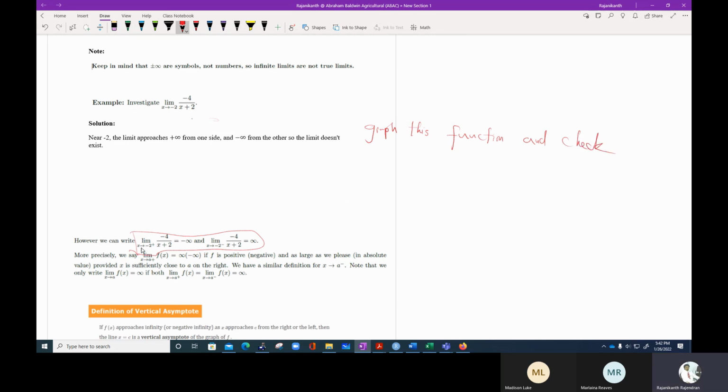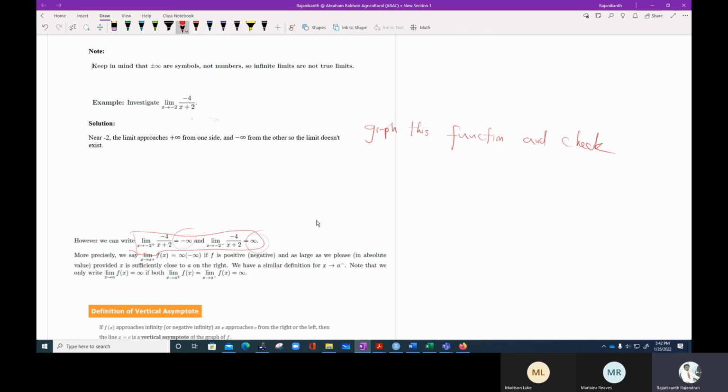When you find the limit as x goes to -2 from the right, you should get negative infinity. But the limit as x goes to -2 from the left will give you positive infinity. So the right limit is negative and the left limit is positive. You get two different answers, and if the left and right answers differ, the limit does not exist.